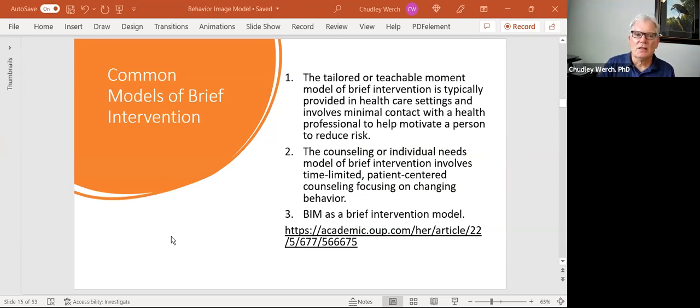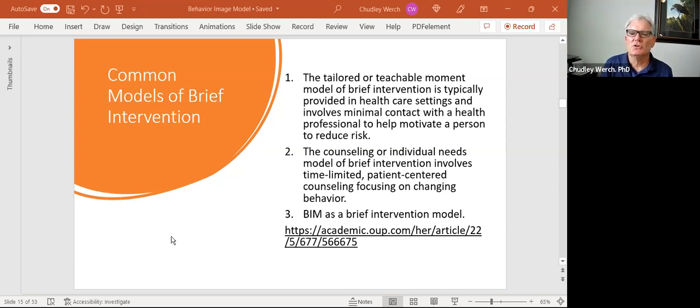Now, if we take a look at models of brief intervention, there are three we're introducing today. There's an article that said there were two main types. Number one, the tailored or teachable moment. This is the type of brief intervention where you go into a medical setting, a physician's office, or you see a nurse and they ask you about your alcohol or your tobacco or something.